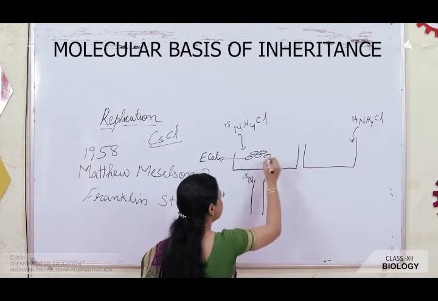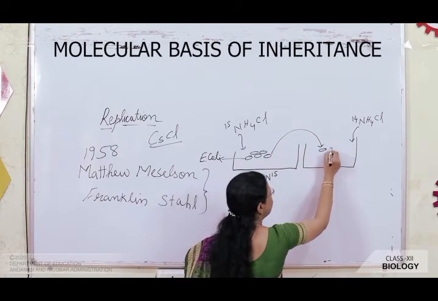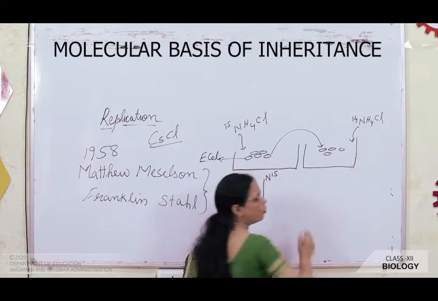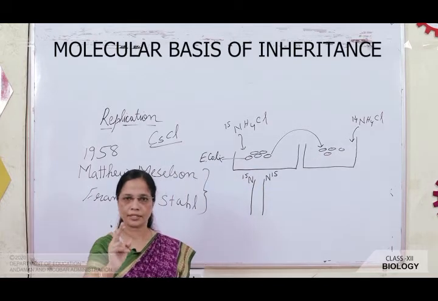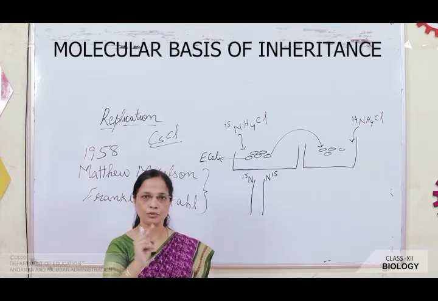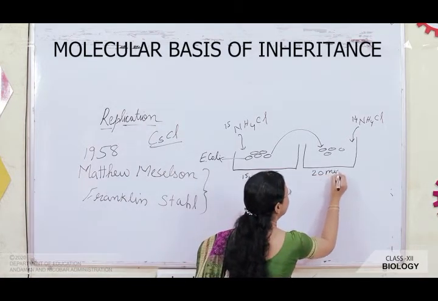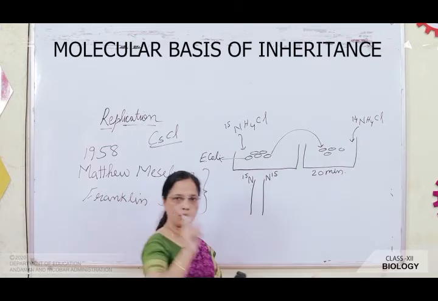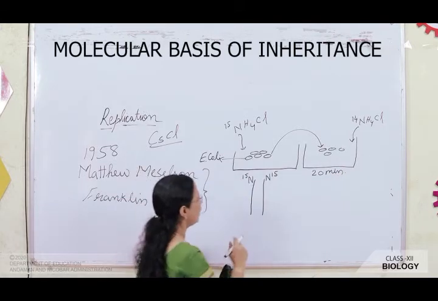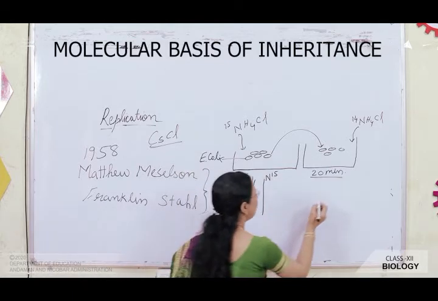The same bacteria is transferred here and allowed to multiply for one generation. One generation means the multiplication of one bacterium into two cells, which takes 20 minutes. So it is allowed to multiply for 20 minutes, and then the DNAs are observed.